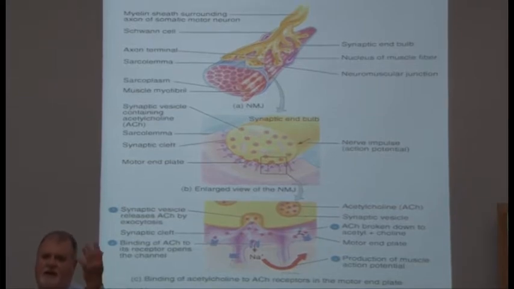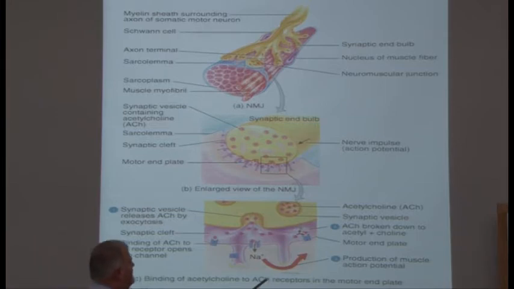So if your brain needs to communicate with the muscle again, it has to send another depolarizing event and cause the release of more acetylcholine. So it's very important that this acetylcholine doesn't hang around very long. It's quickly broken down, so we have a very discrete, rapid ability to communicate.